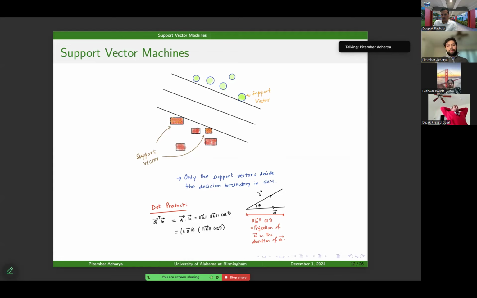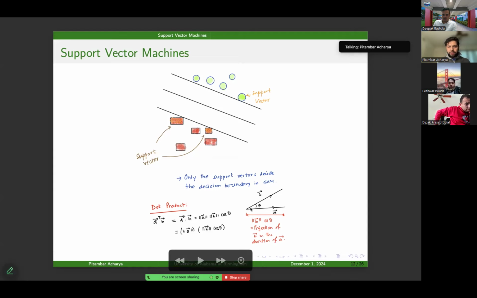Going further, I want to go into detail, but before that, let me revise the dot product. We define the dot product as the scalar quantity obtained when we multiply two vectors, and it is given by the magnitude of A, the magnitude of B, and the cosine of the angle between those two vectors.